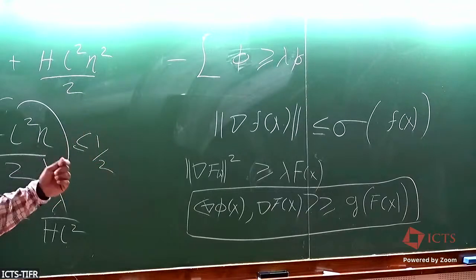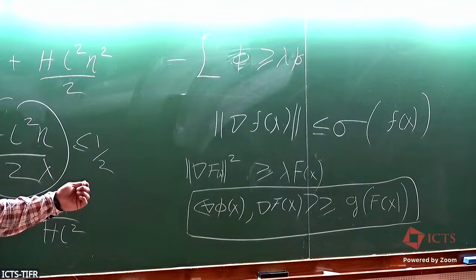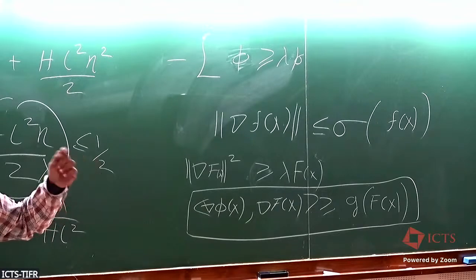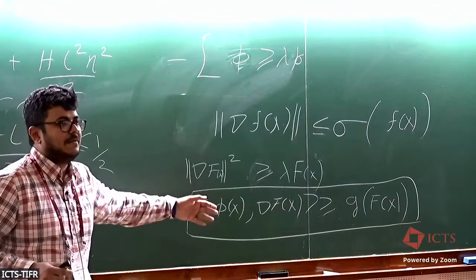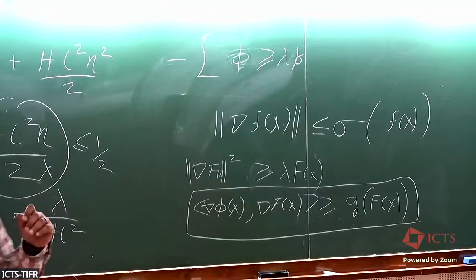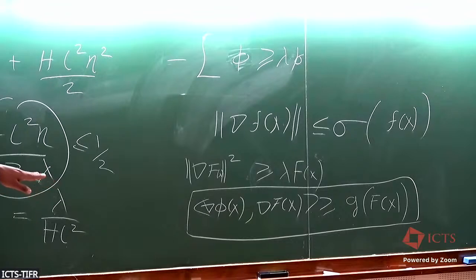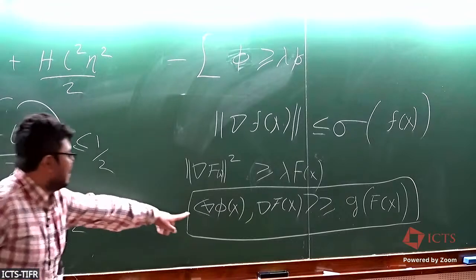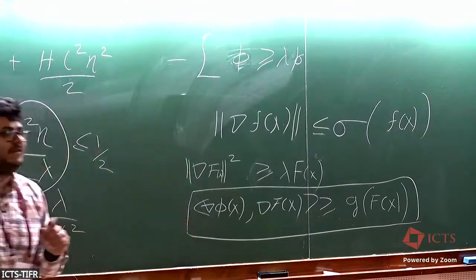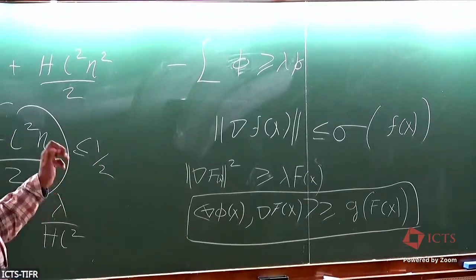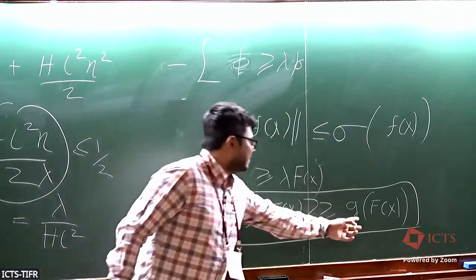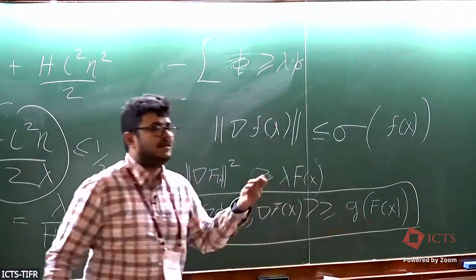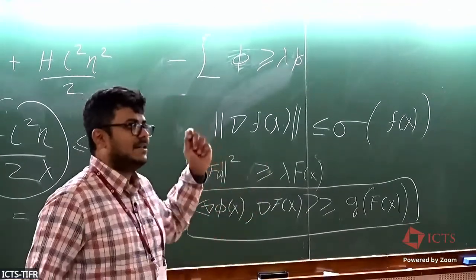If you take phi to be x minus x star, where x star is the minimum, then you get what convexity implies, the linearization. Pretty much all the conditions that show gradient descent works from anywhere have some corresponding phi that gives you those conditions. And for KL, you do the same thing, except that there is the function g here. It's not just the identity, it is some other function.